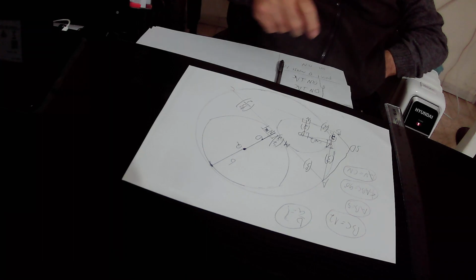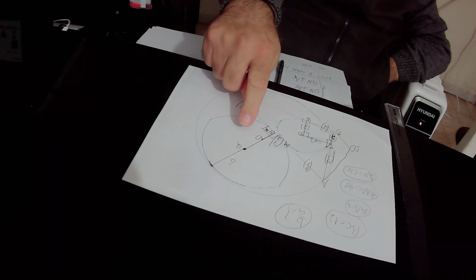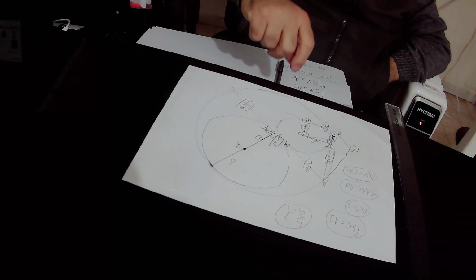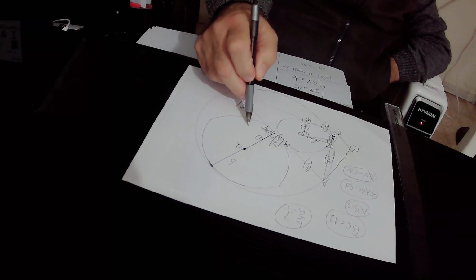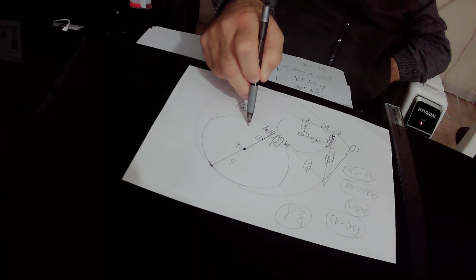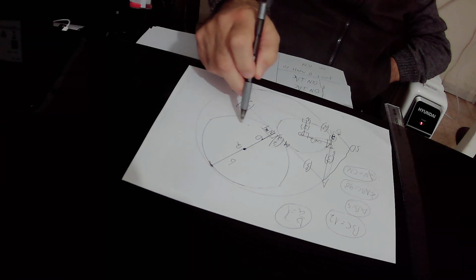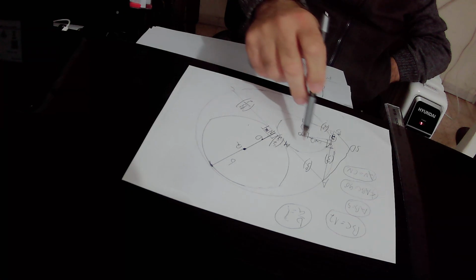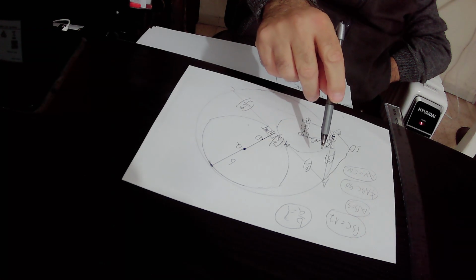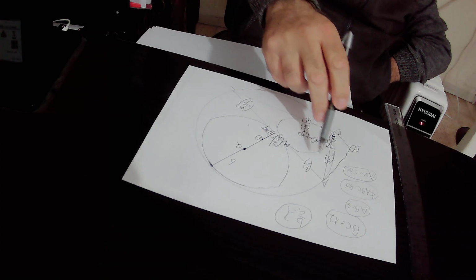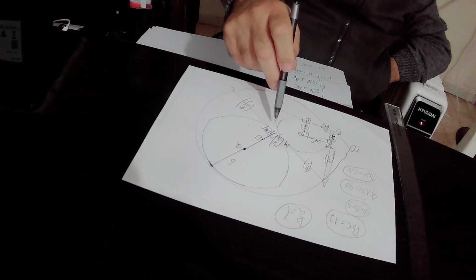Suppose that point O doesn't lie on QN. For example, if point O is here, then the angle that ON will make with tangent AC will never be equal to 90 degrees.